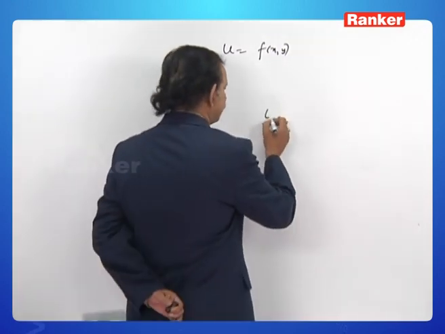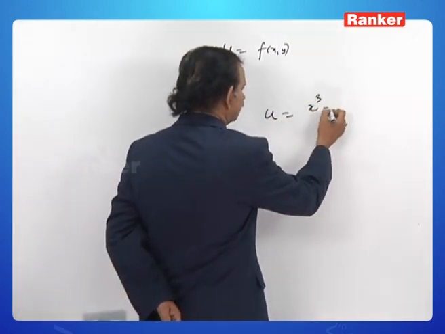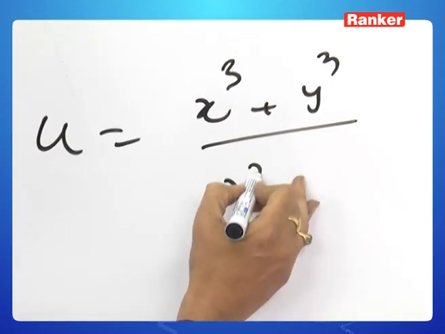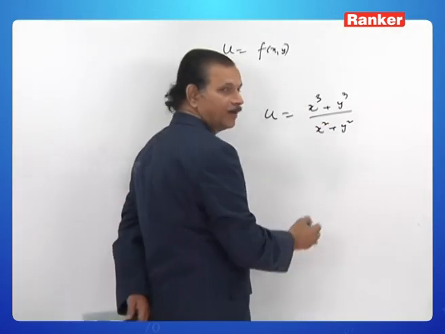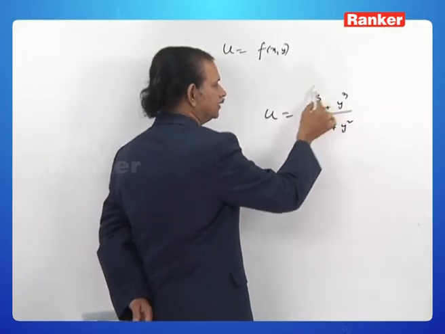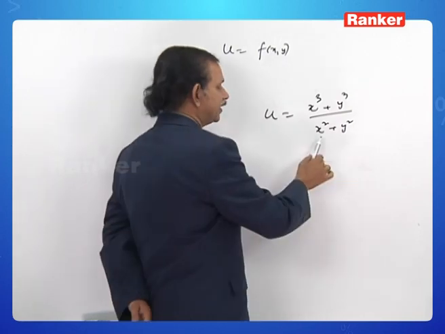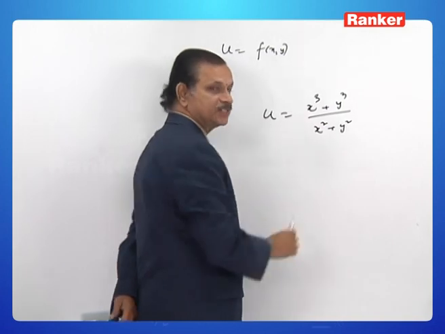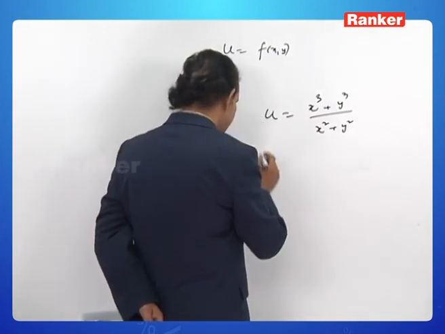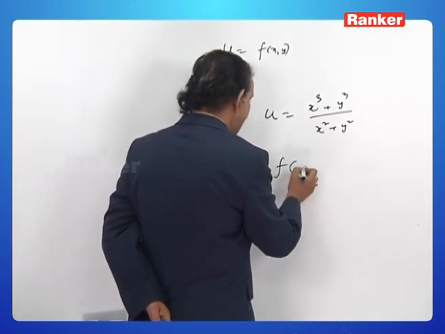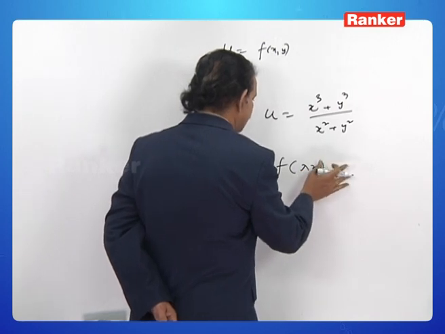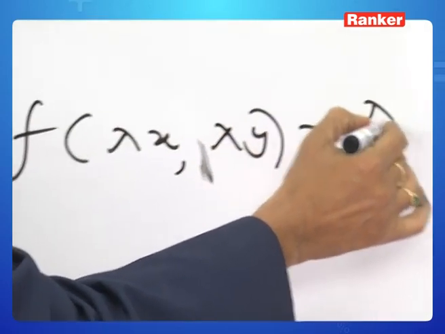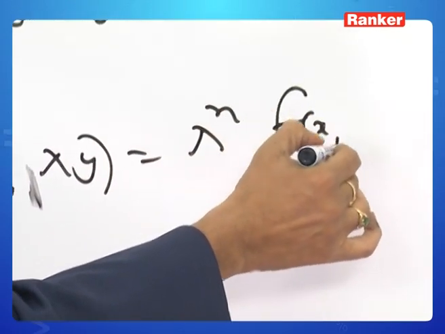Observe this. u is equal to x cube plus y cube by x square plus y square. Third degree, third degree. This part is homogeneous. Second degree, second degree. This part is homogeneous. Total, this is of first degree. In particular, f of lambda x comma lambda y is equal to lambda power n into f of xy.